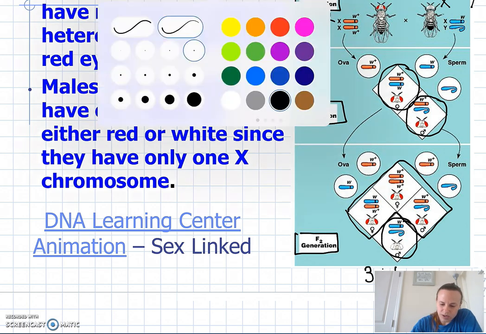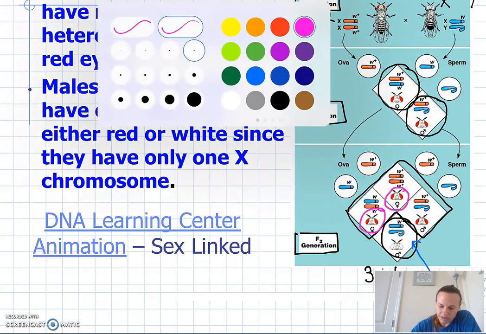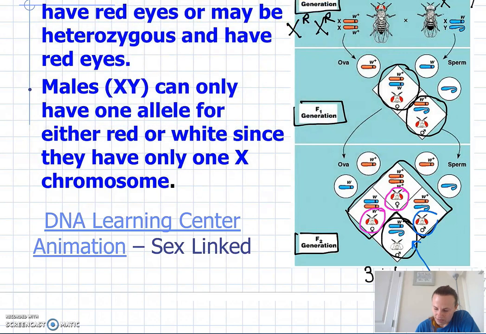Now take a look at who has white eyes. The white eyes are only found in the male, whereas the red eyes can be found in either the female, so these two are females that have red eyes, or in the male.